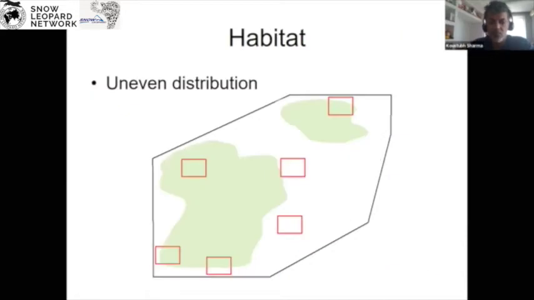Now, what happens if I have a distribution of my species which is not even? Let's assume this green little patch here. These green patches are a certain habitat type. Now, this is typically how most of our study areas are going to be.